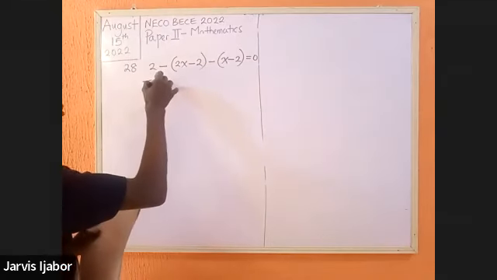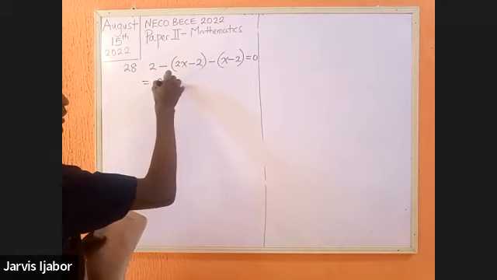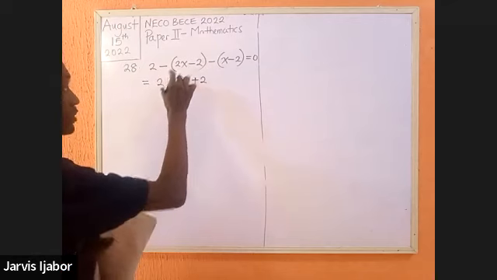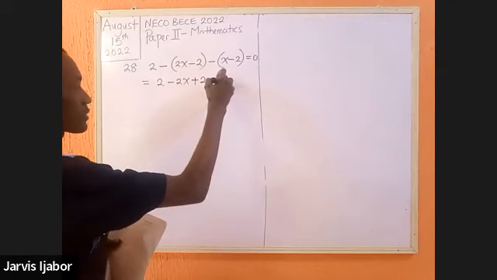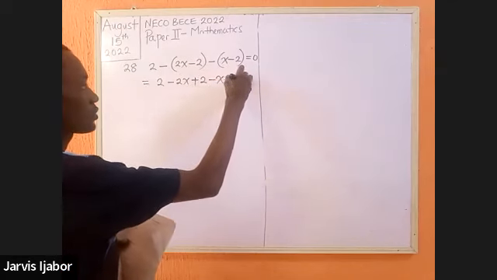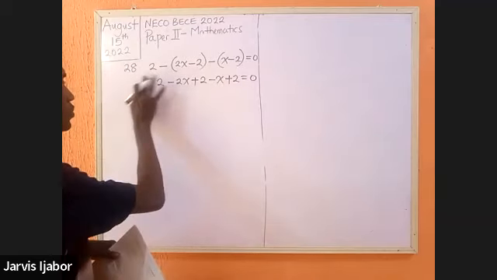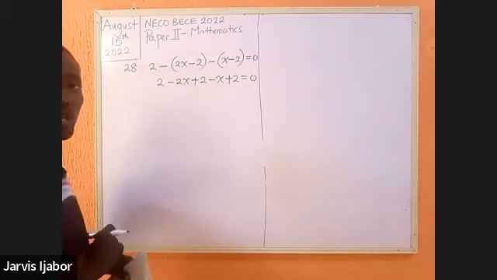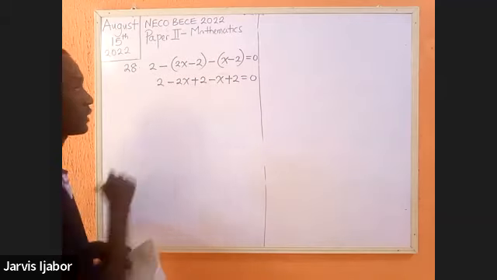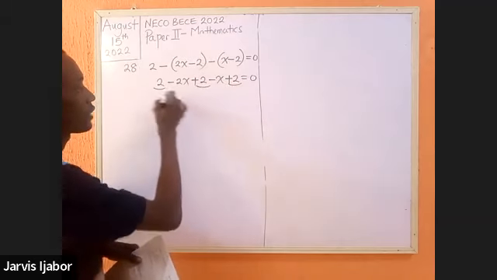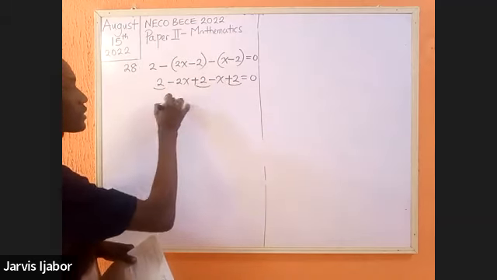All right, if that's understood, we go straight ahead to handle that. This will become 2 minus 2x plus 2, signs will change, minus x plus 2 equal to 0. Sorry, there's no equal to sign there originally; it's an equation. Now, 2 plus 2 plus 2 will give me 6.